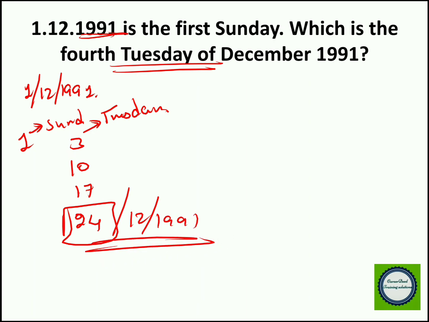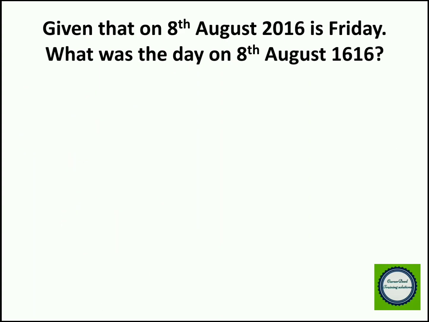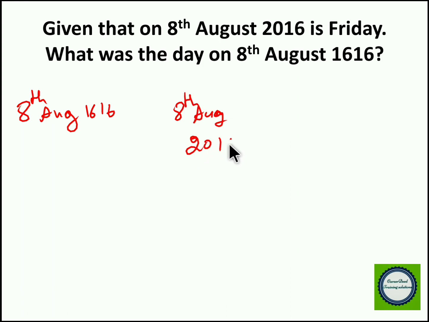Now moving to the last question of the session. Given that 8th August 2016 is Friday, what was the day on 8th August 1616? You have to find what 8th August 1616 is. From 1616 to 2016, you get 400 years.